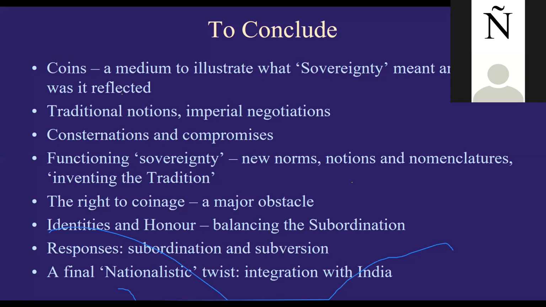So there is this fascinating journey of over 200 years that one can see through coins, of how the various shades of sovereignty were seen, described, typified, depicted, and changed as we go along through roughly 200 years.